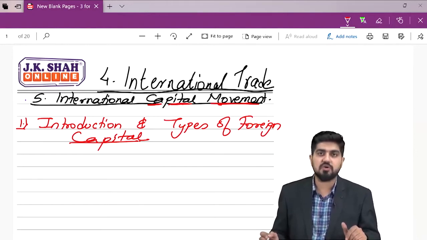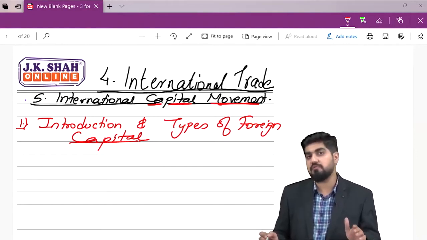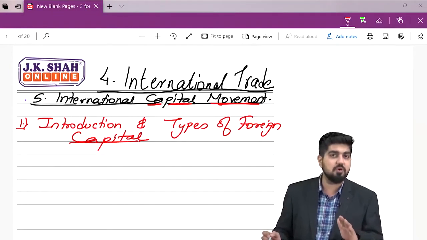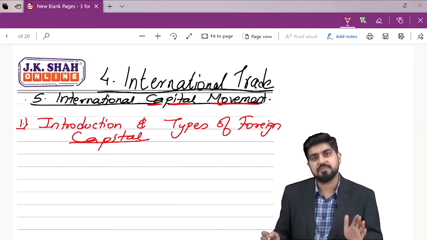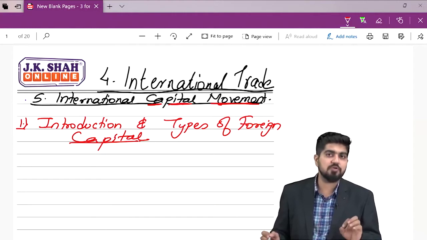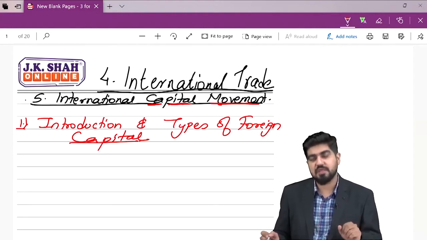So here we are talking about the cross border movement of business transaction monetary purposes. That is nothing but the monetary transfers which are done for solely business.